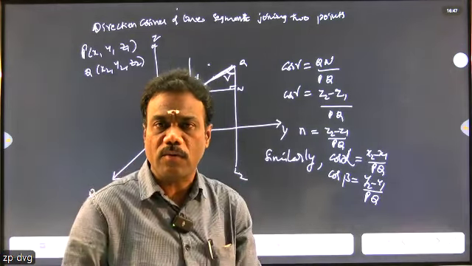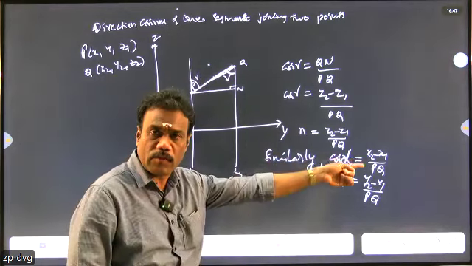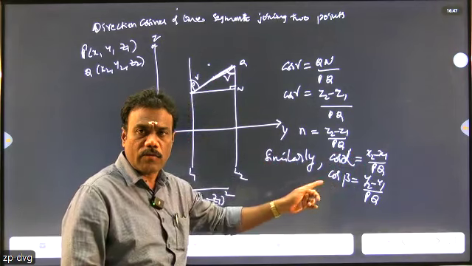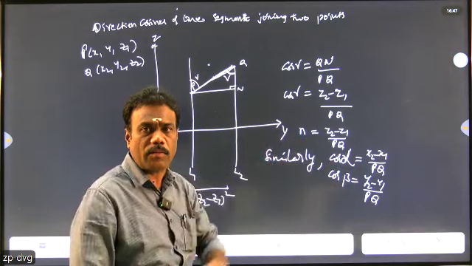and Q(x2, y2, z2) are: cos alpha equal to (x2 minus x1) by PQ, cos beta equal to (y2 minus y1) by PQ, and cos gamma equal to (z2 minus z1) by PQ.